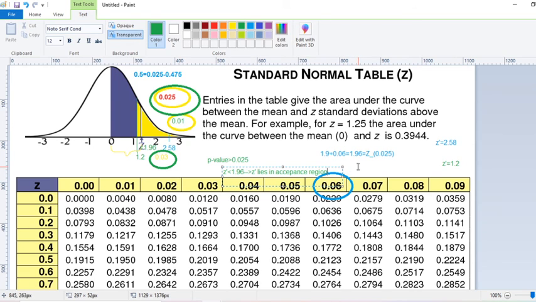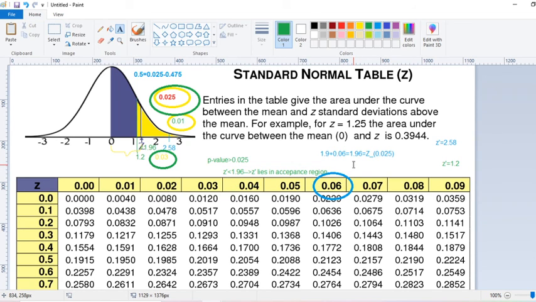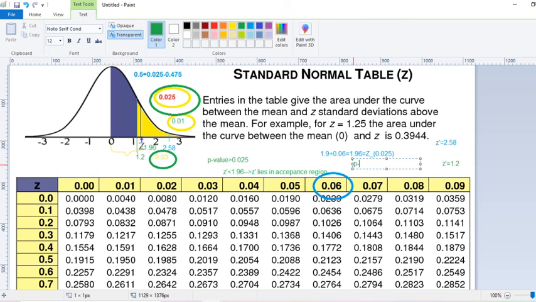On the other hand, if the p value is less than 0.025, what can we say? Then z dash will be after 1.96.